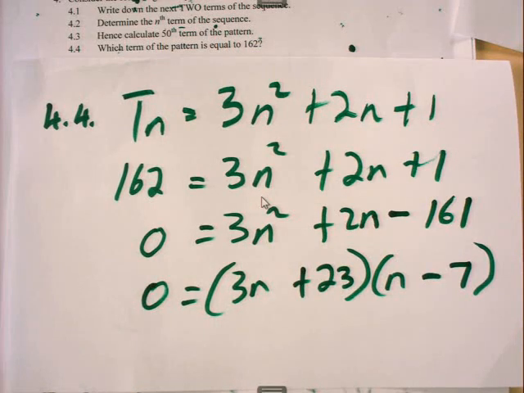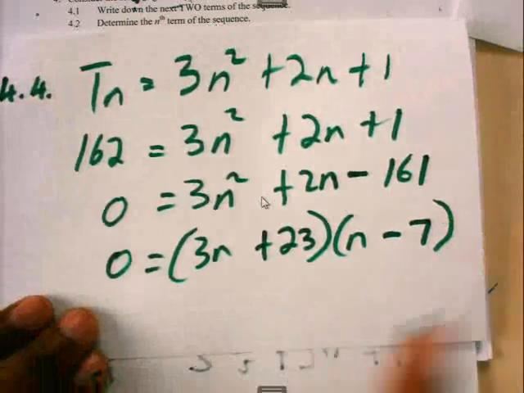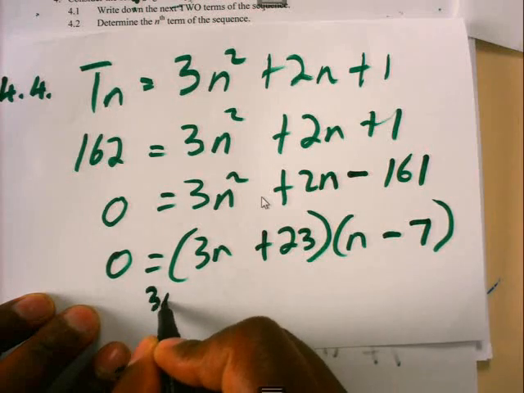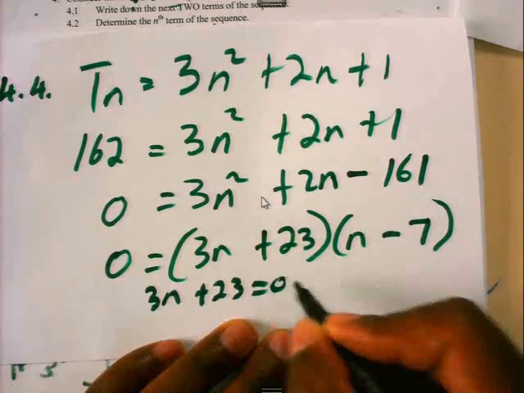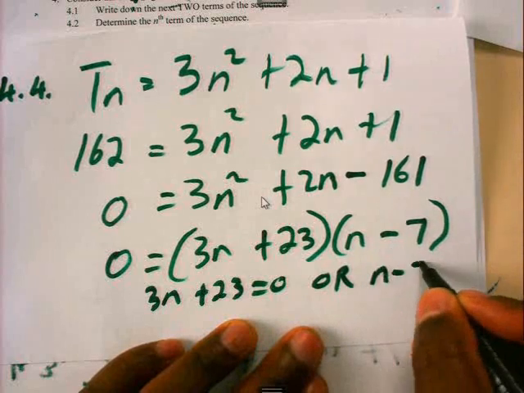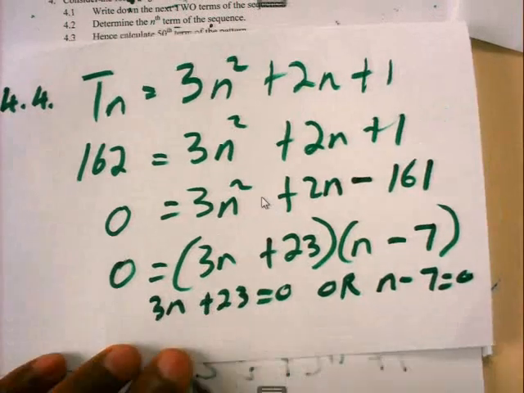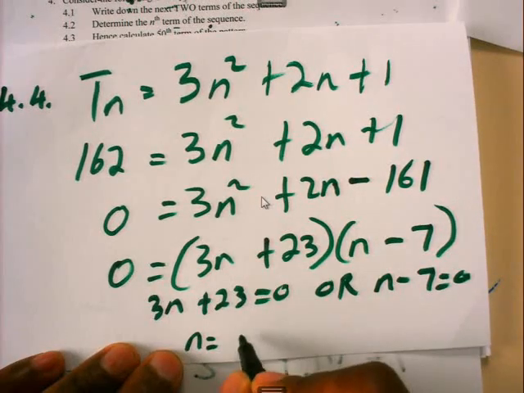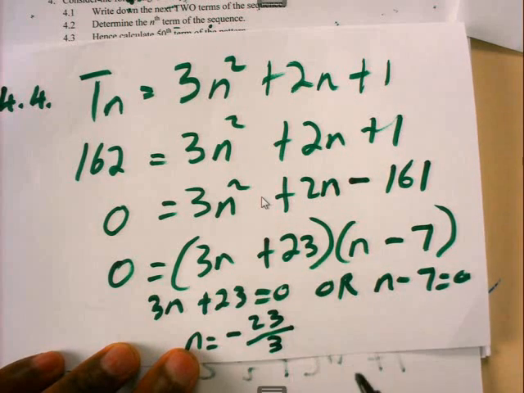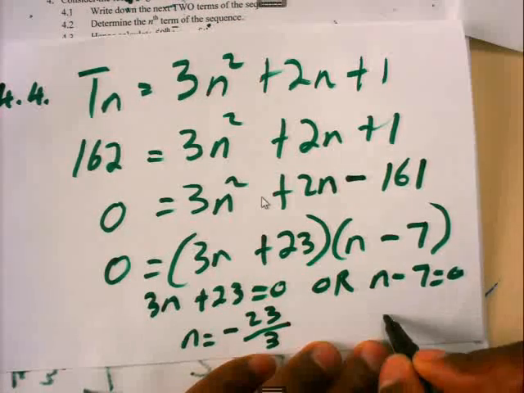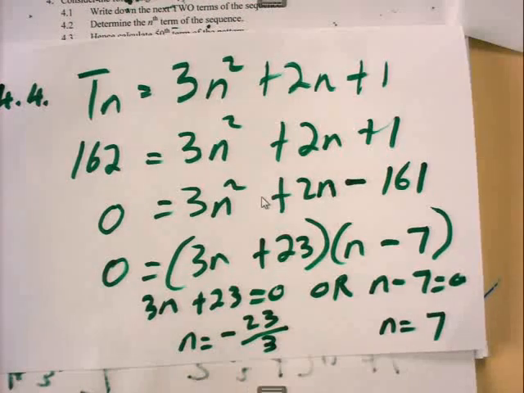Now we need to solve for n. It means 3n plus 23 is equal to 0, or n minus 7 is equal to 0. If you solve for n here, n will be equal to minus 23 over 3, or n will be equal to 7. Those are the two values of n.